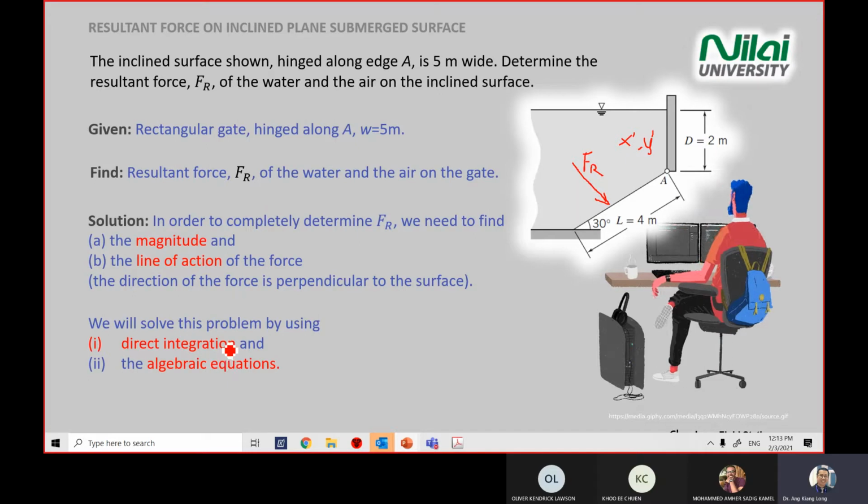Both methods give the correct answer, but in the exam, normally we will state which method to use. Normally you'll be told to use both methods. Section A asks you to use the direct integration method to find the answer. Section B will ask you to use the algebraic equation to solve. So you need to know these two methods.